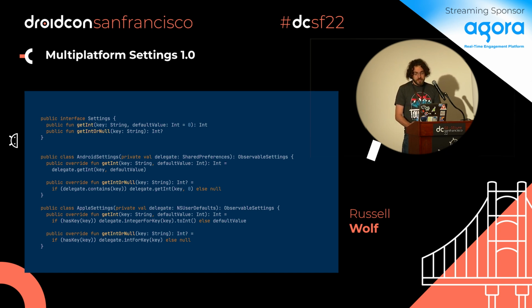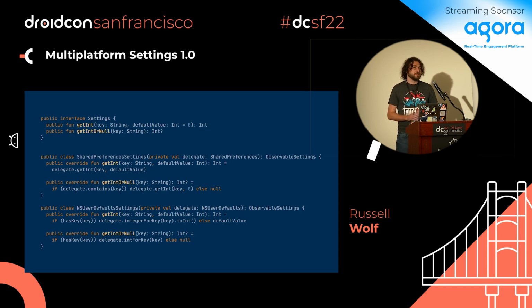So what I've opted to do is rename everything to be based on the backing API. So Android settings will become shared preferences settings, Apple settings will become NS user default settings, and other things will change similarly. In the alpha, I have a bunch of deprecated type aliases to help with the migration. Those will go away in the final 1.0, but hopefully that means that people can move through this more smoothly.